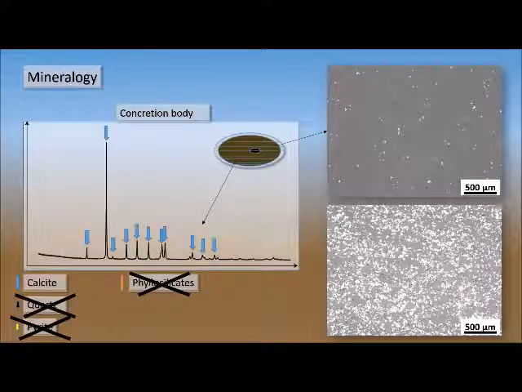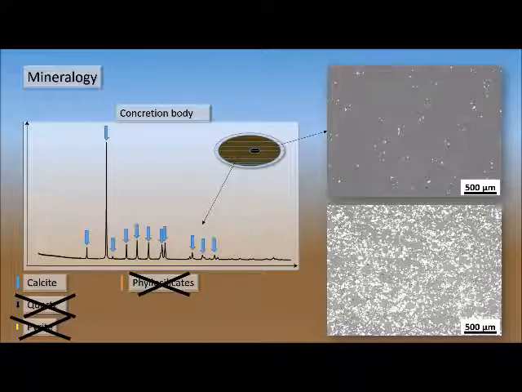Concretion body, we have only a calcite signal. Oh, those are XRD diffractograms, by the way, sorry. But here you see that you still have quite a bit of pyrite, which is the white in those pictures. The gray is the calcite. You still have a few quartz grains, which are the darker gray there.